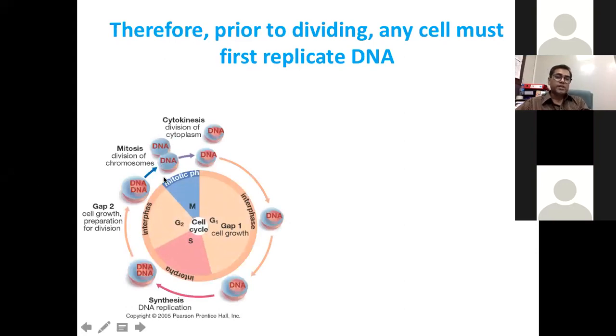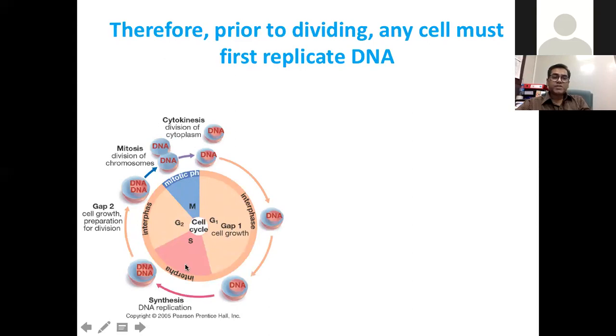Here you see that the cell division takes place in the M phase of the cell cycle where mitosis takes place, and where the cell divides actually. So it is important that the process of replication has to be completed in which phase of the cell cycle? In the S phase of the cell cycle. S phase is before the M phase of the cell cycle.